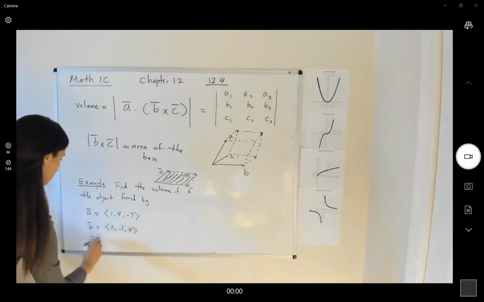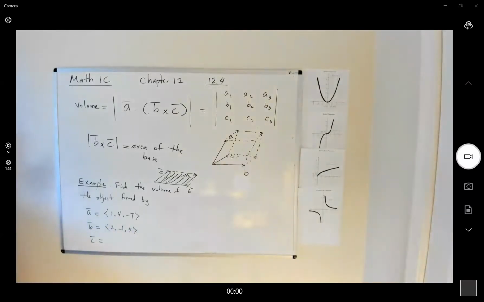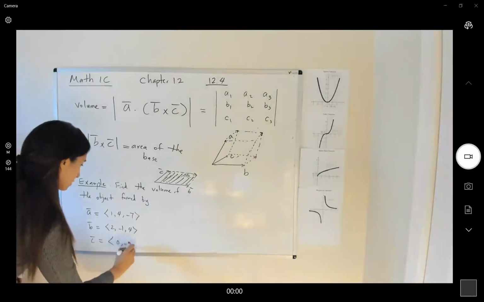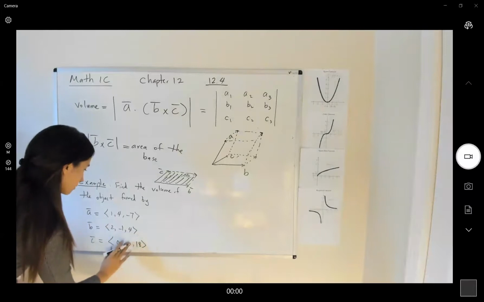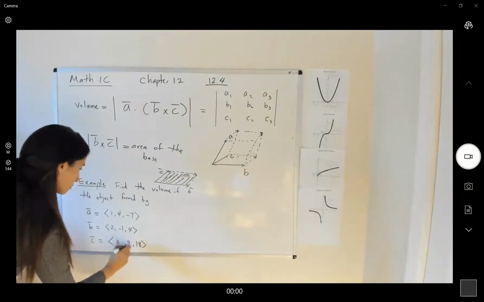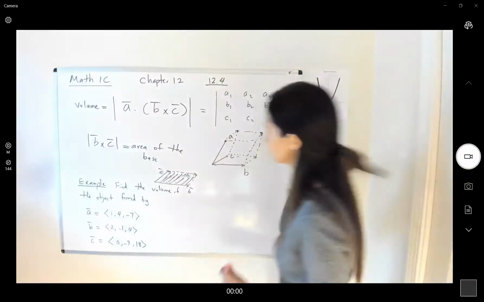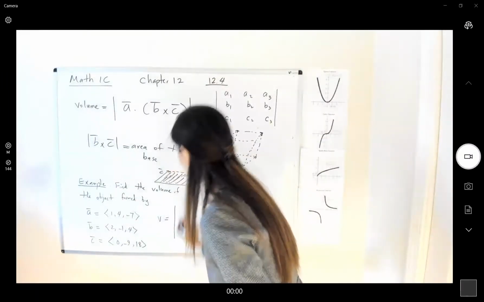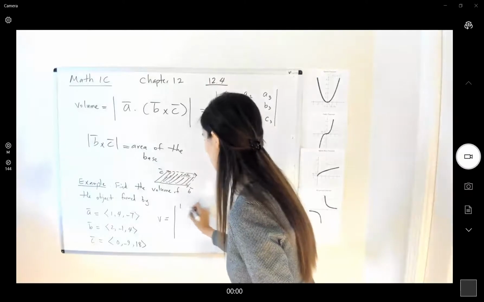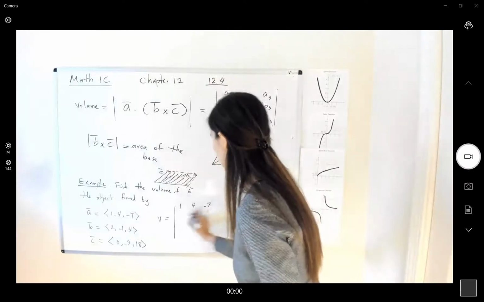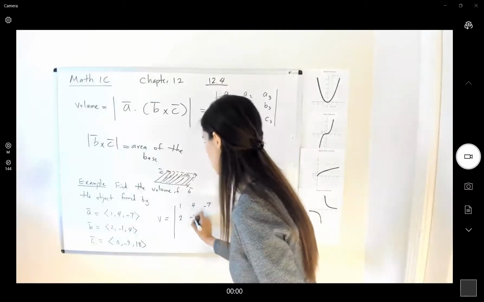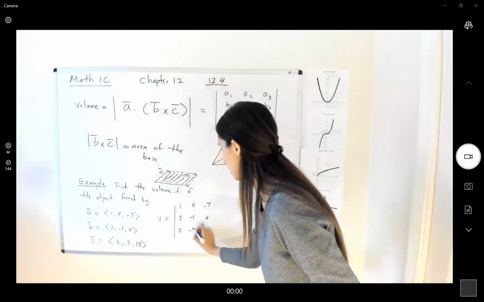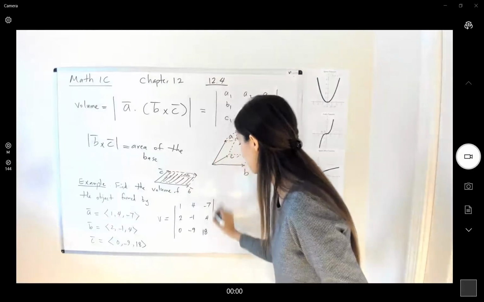And C is equal to (0, -9, 18). There you go. The volume follows the determinant of the first vector, 1, 4, -7, 2, -1, 4, and the last vector, 0, -9, and 18.